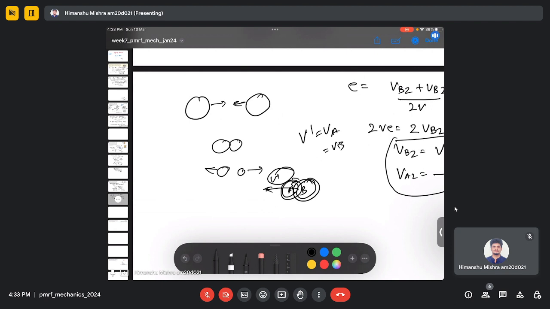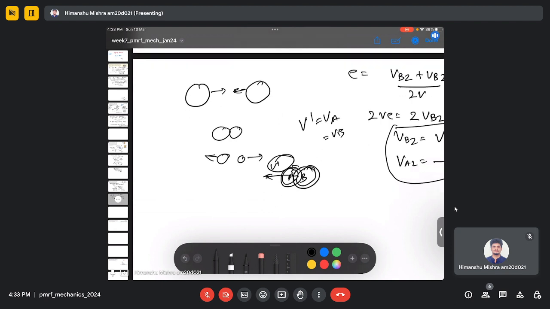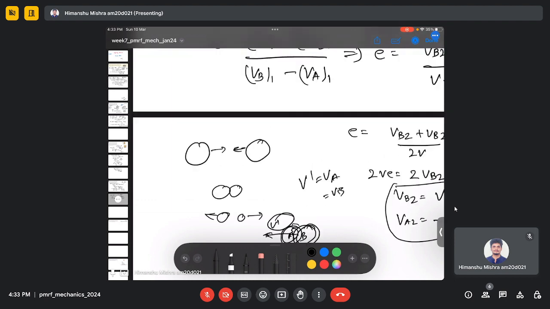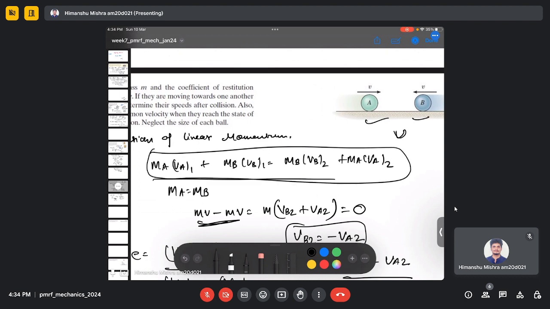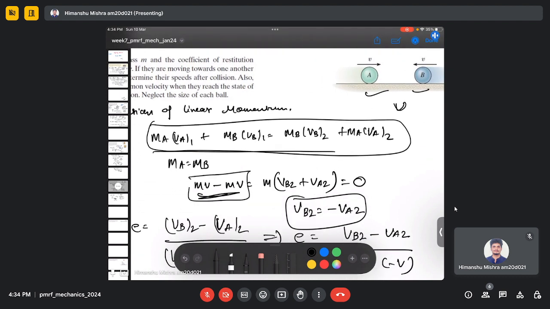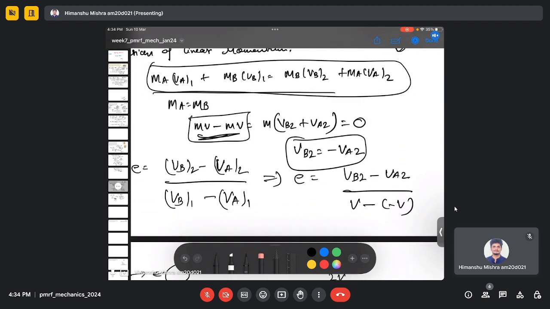So if we use the conservation of linear momentum, then we will have mv minus mv. So I'm using the same equation here, and the mass is the same and the initial velocities are the same. So let me once again write this.